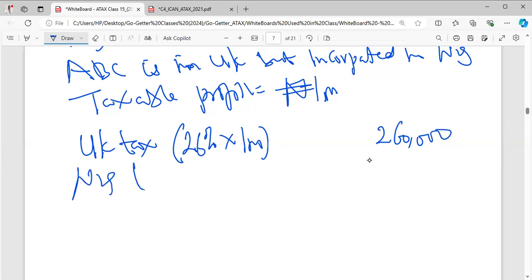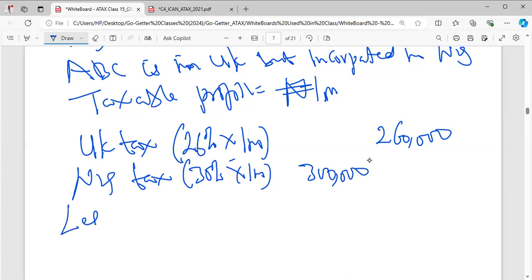Nigeria tax, 30% of 1 million, which will make it 300,000, less double taxation relief. So whatever has been charged in UK, since it is lesser than that of Nigeria, it will be 26% of 1 million.